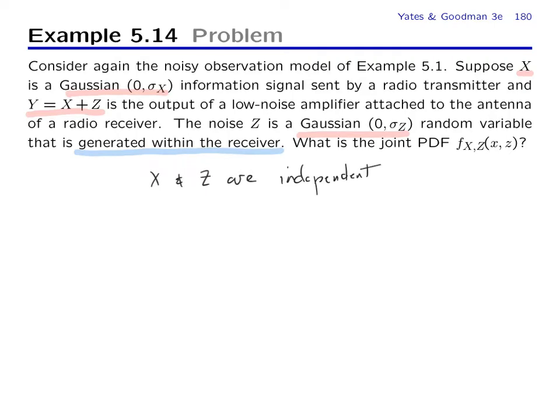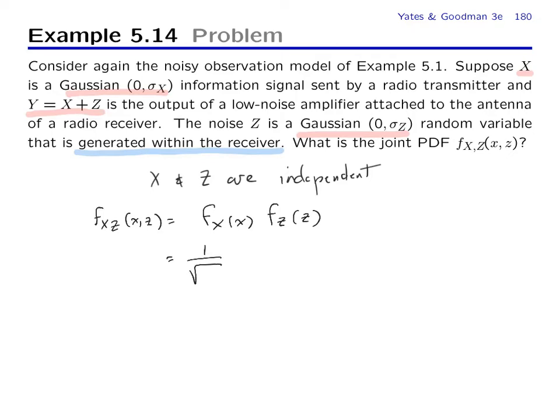and independence implies that the joint PDF of X and Z is equal to the PDF of X times the PDF of Z. And in fact, we can simply write down what these are.